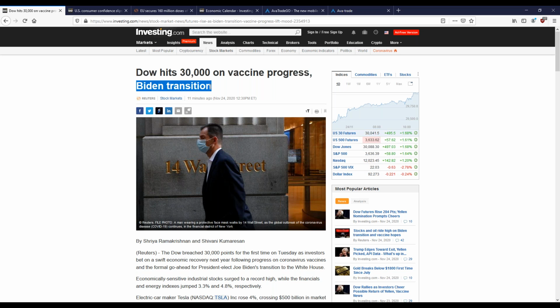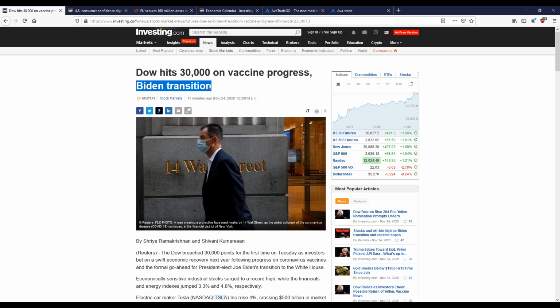And part of it is the markets like certainty. It isn't so much that they say Biden's better for the markets or Trump's better for the markets. They like certainty. And they like the fact that, okay, he chose a known person for his financial mind with Janet Yellen. She's a known entity. She had that position before, back when Biden was vice president.